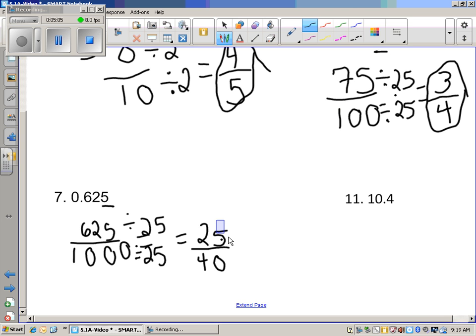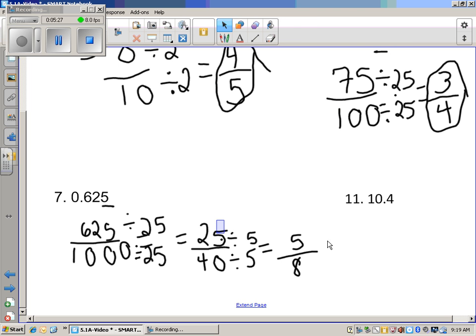So I'm going to divide top and bottom by 5 when you're simplifying. 25 divided by 5 is 5, and 40 divided by 5 is 8. So 5 over 8 is going to be our final answer.